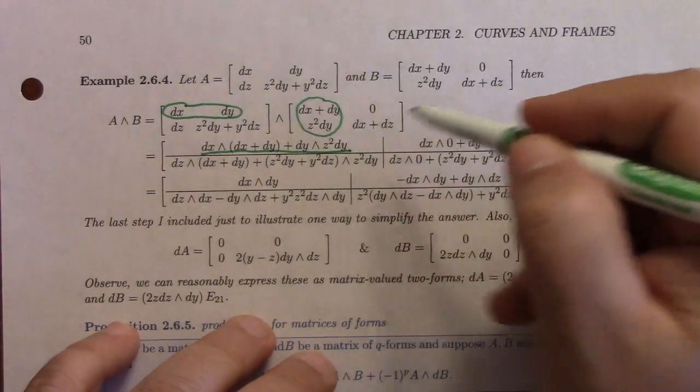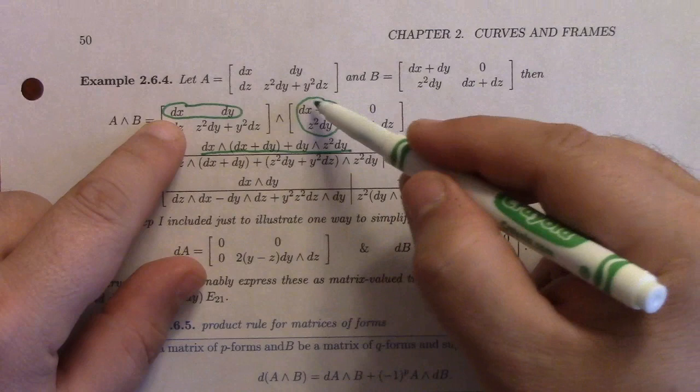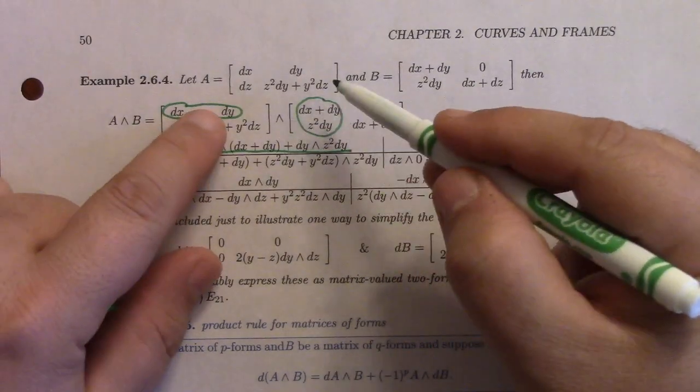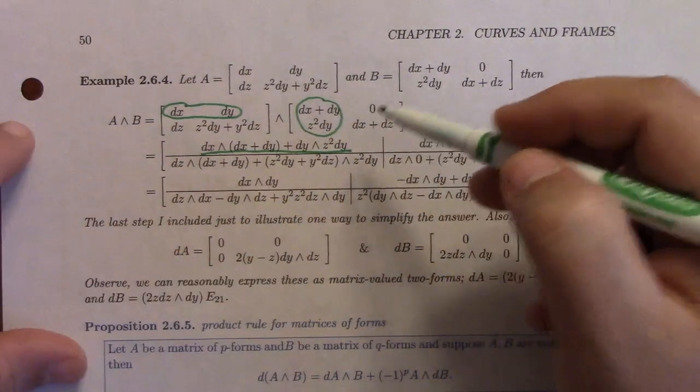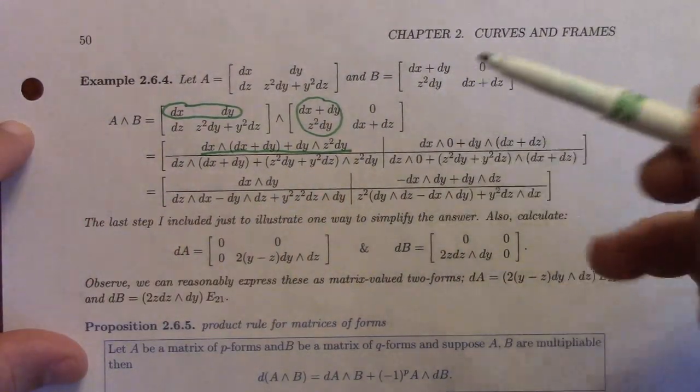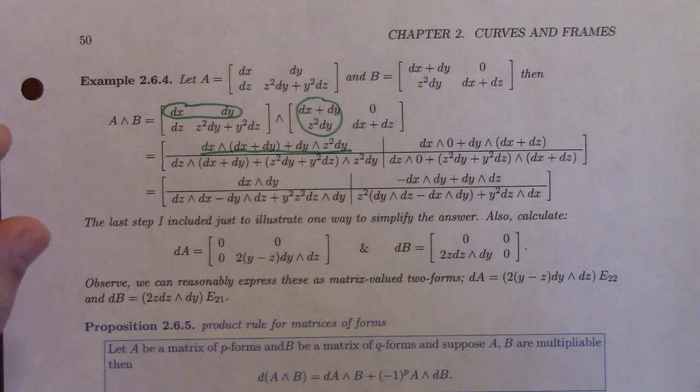That's what I did here: dx wedge dx plus dy times dy plus dy wedge z squared dy. It's really just the usual matrix multiplication where we do wedge products instead of multiplication, but otherwise it's the same song and dance.